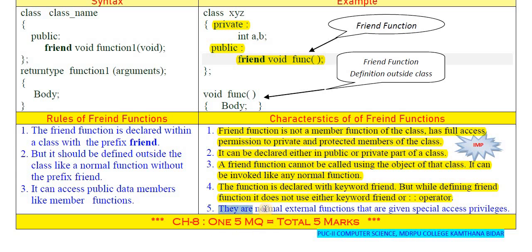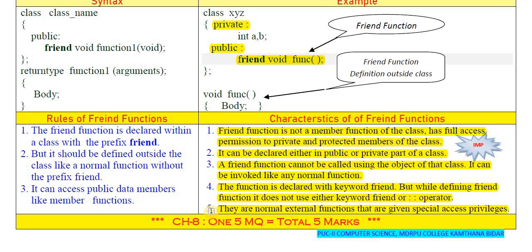So friend functions are normal external functions that are given special access privileges. External function means they are defined outside the class body, hence they are external functions. So they are not members of that class, but they can access all the members of that class.